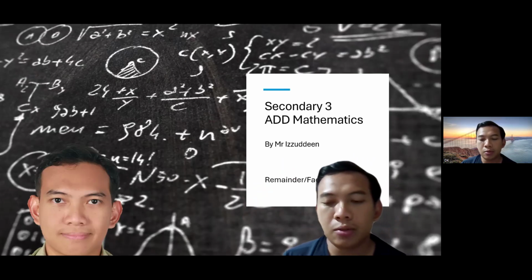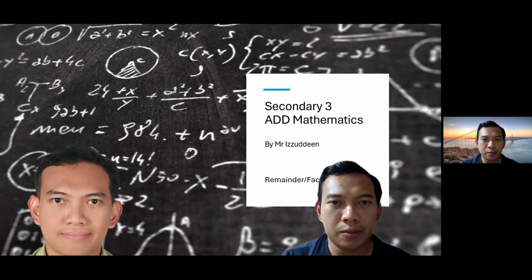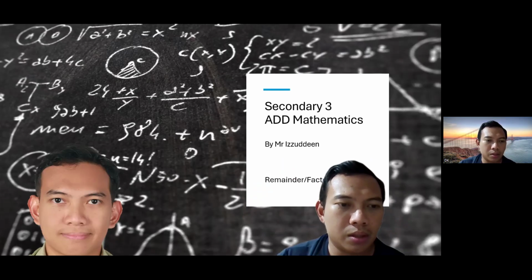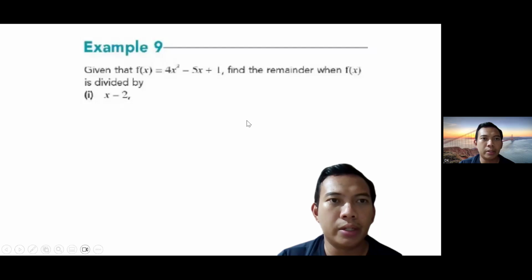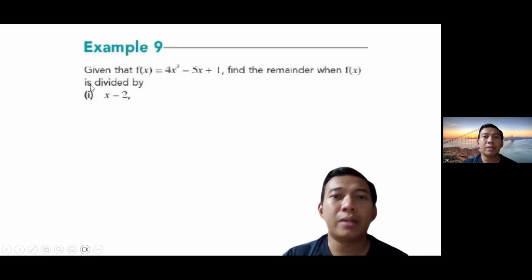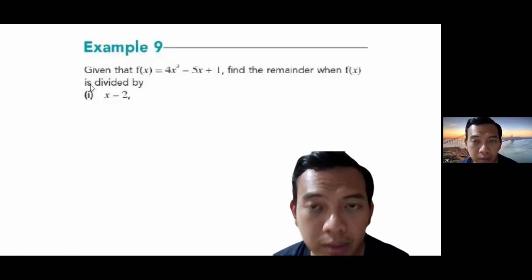So going back to this, let's see what questions we're going to go through today. We'll be going straight to example 9. This one, we are going to do the remainder theorem first.